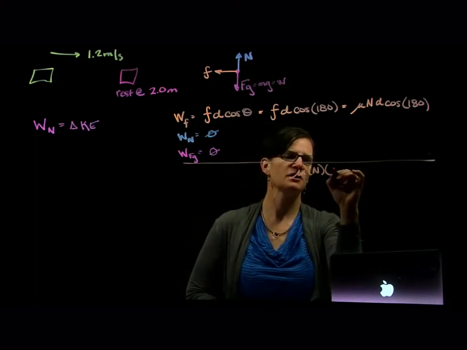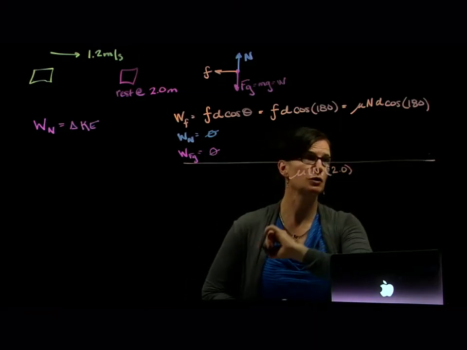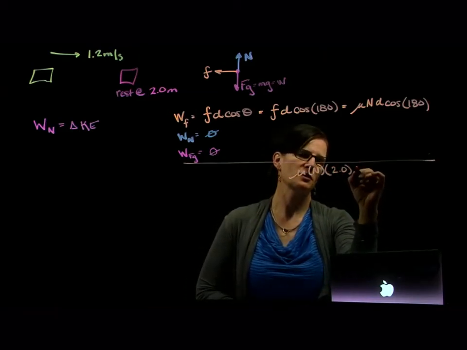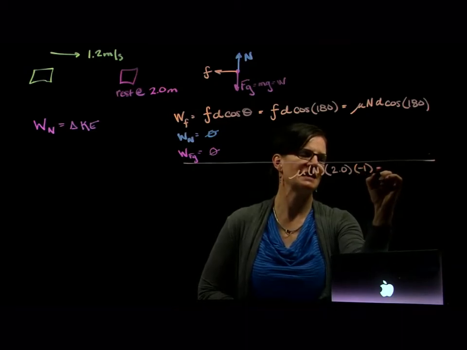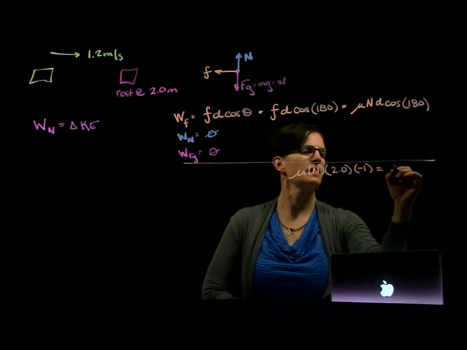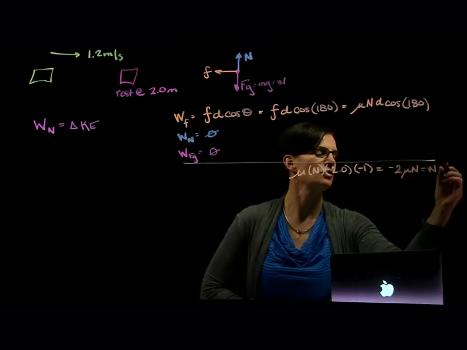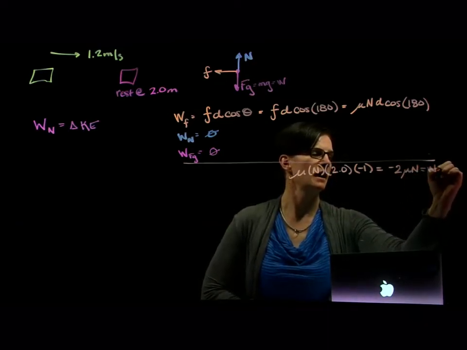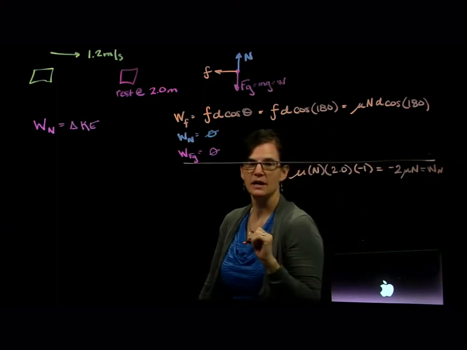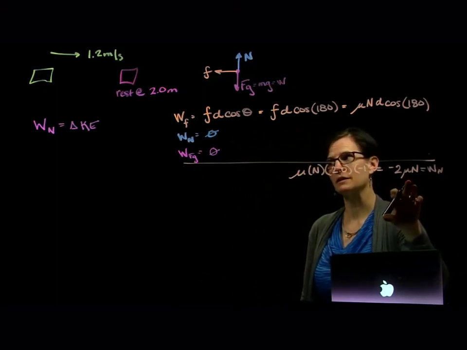The distance it travels is 2 meters times the cosine of 180, which is -1. So we end up with -2 mu N is equal to the net work on that object.